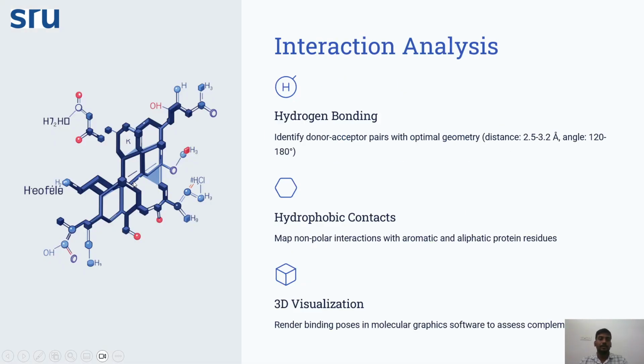Once we perform the calculations, we have to do the interaction analysis. Interaction analysis is nothing but how the ligand and protein are connected together. There are different types of bonds available, such as hydrogen bond, hydrophobic contact, pi-cation and pi-ion. These are the several types of interactions happening between protein and ligand.